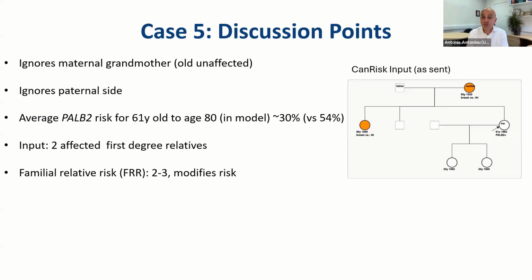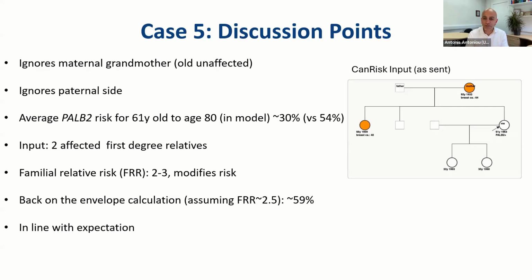But again, you have two affected first-degree relatives in this instance, the mother and the sister. So if you do that back of the envelope calculation to see whether the model is giving the right answer or not, you would get a risk of around 59%. The two affected first-degree relatives will modify the breast cancer risk for the PALB2 carrier.